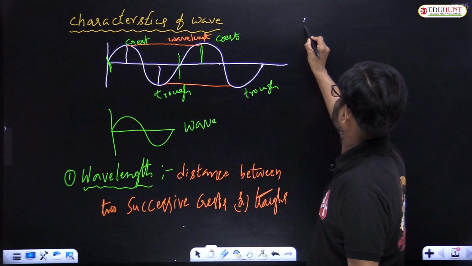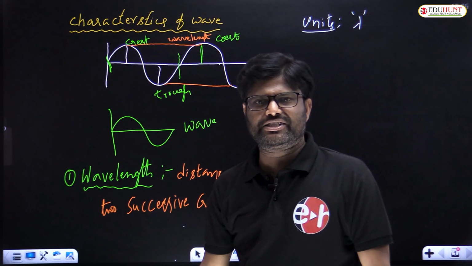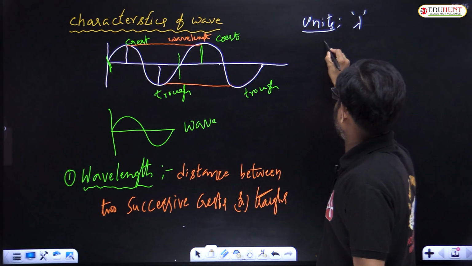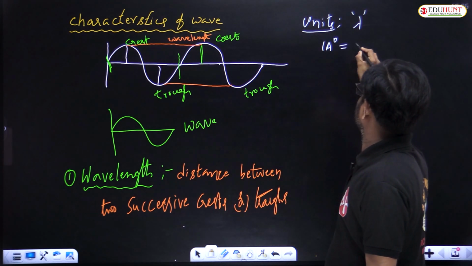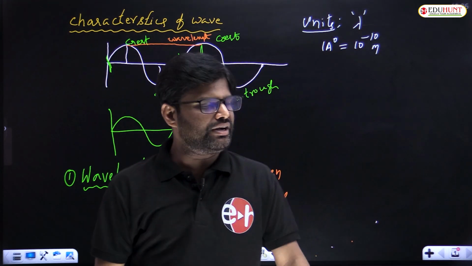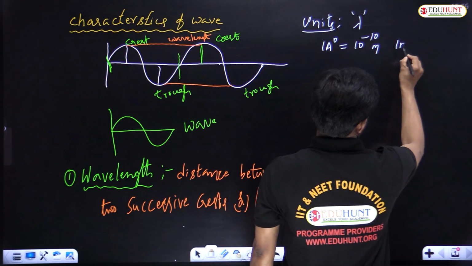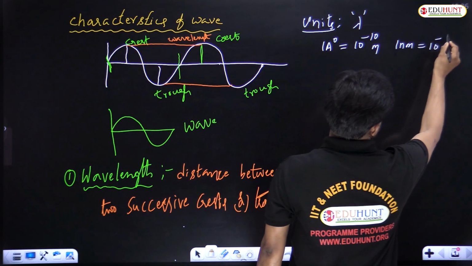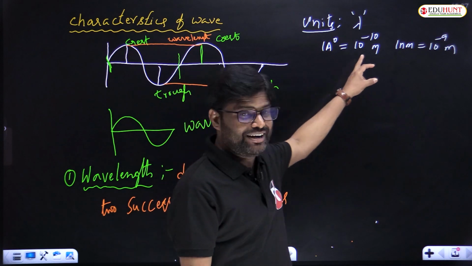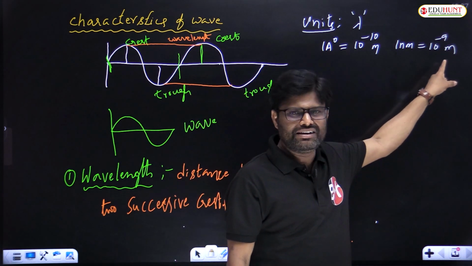Wavelength is represented with lambda. 1 angstrom is equal to 10 power minus 10 meters. 1 nanometer is equal to 10 power minus 9 meters. 1 angstrom is equal to 10 power minus 10 meters. 1 nanometer is equal to 10 power minus 9 meters.